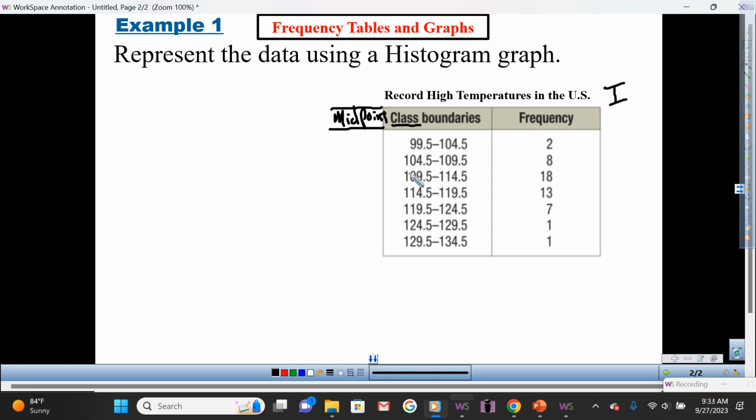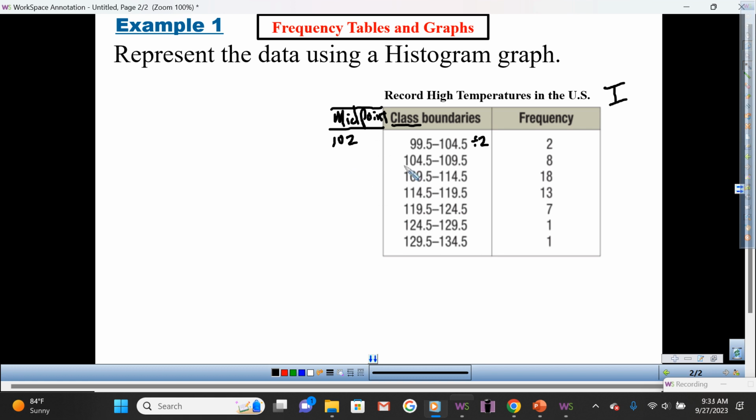How do we do that, Mr. Q? The easiest way, here it goes. What is 99.5 plus 104.5? 204, right? And then we divide by 2, and what does that give us? 102. That's how we find the midpoint of each of the classes.